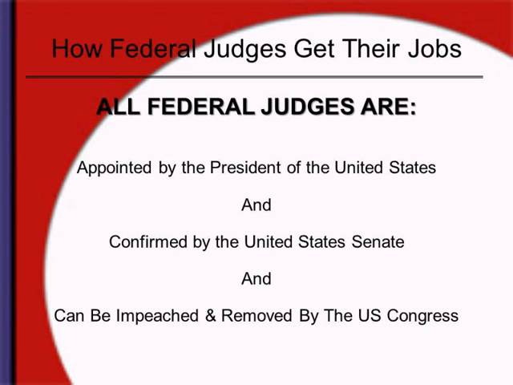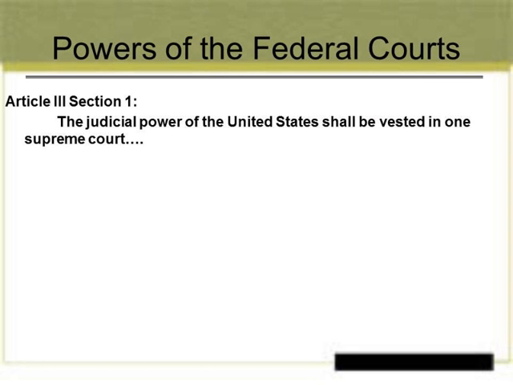Now, let's look specifically at what the Constitution says the powers of the federal courts will be. Article 3, Section 1 simply says, the judicial power of the United States shall be vested in one Supreme Court. Very, very short, concise, yet vague statement. What does that mean? Well, what are the judicial powers?